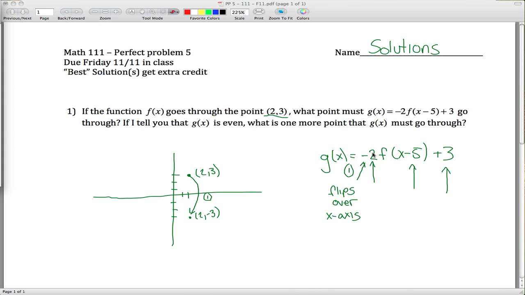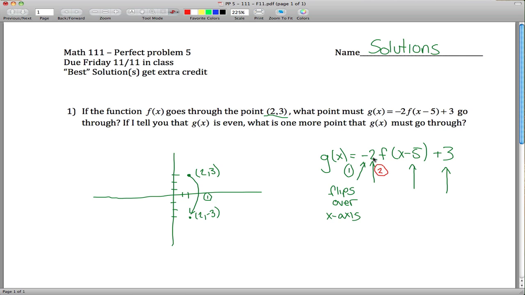Okay, what about this 2 right here? We'll call this transformation 2. This 2 is a vertical stretch, so it stretches away from the x-axis by a factor of 2.